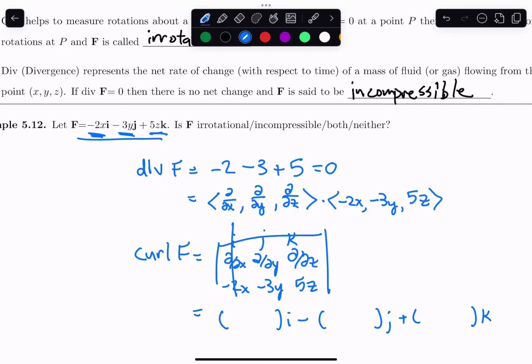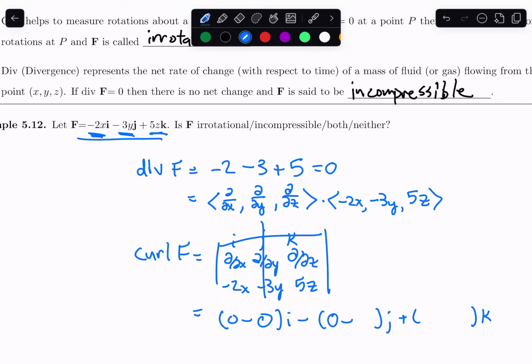So let's do a partial derivative. We'll cross off the first row, first column. Partial derivative with respect to y of 5z. Well, there aren't any y's there. Minus a partial derivative with respect to z of -3y. Well, no z's there. So, okay, we need to continue. Partial derivative with respect to x of 5z.